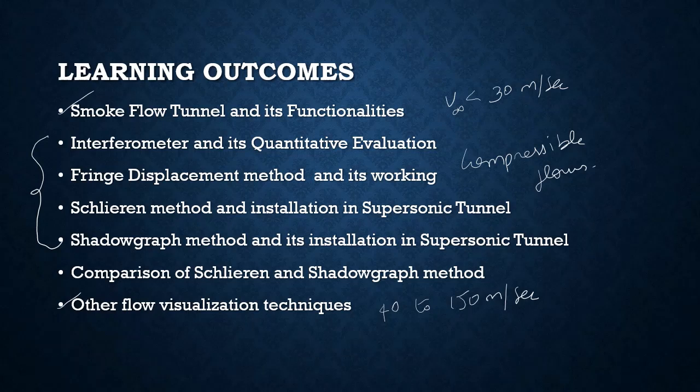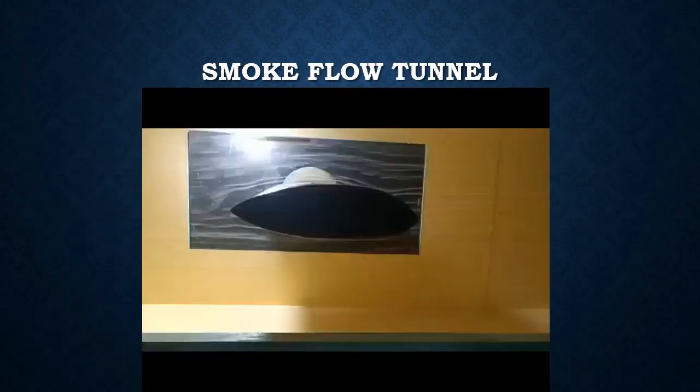Let us see one. This is the smoke flow tunnel model, in which we have kept a symmetrical wing airfoil model in the test section. This tunnel is the low speed wind tunnel present in Satyabama University.